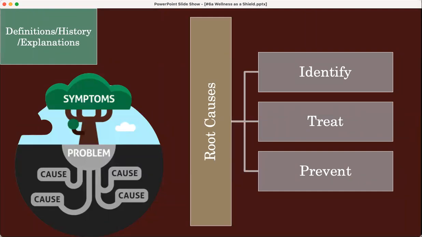We're going to look at these root causes to look at how to treat a problem. This is a public health approach. You look at the symptoms, which in this case are the increased rate of infectious disease, and look at the root causes of the problem.